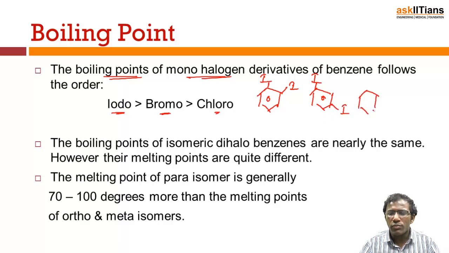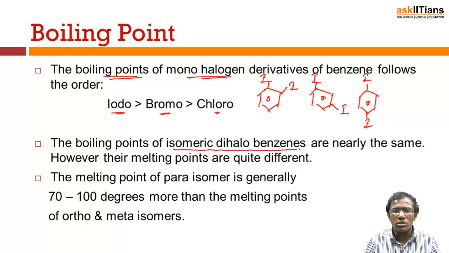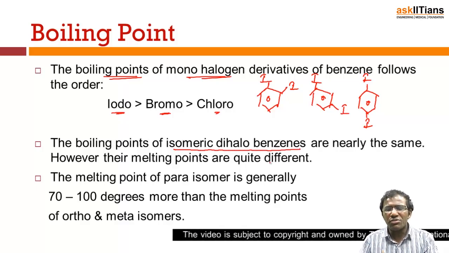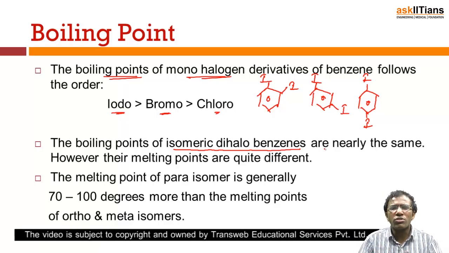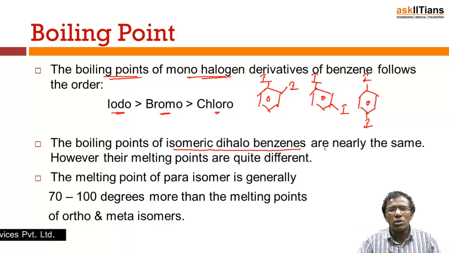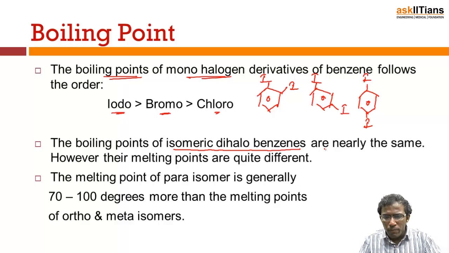So these three are the isomeric dihalobenzenes. The boiling points of these are nearly the same, because they have the same molecular weight and approximately the same surface area, so the boiling points are not going to vary much. However, their melting points are quite different. They show considerable difference in their melting points.